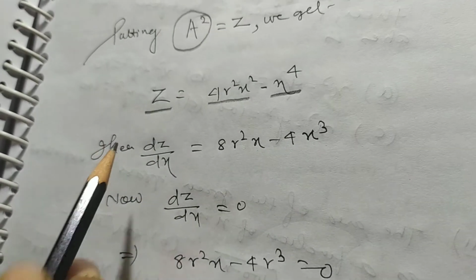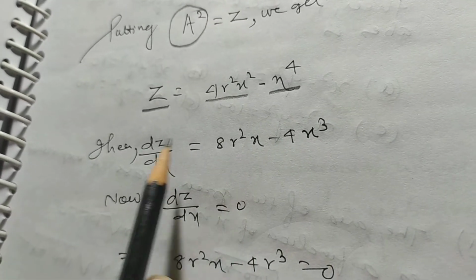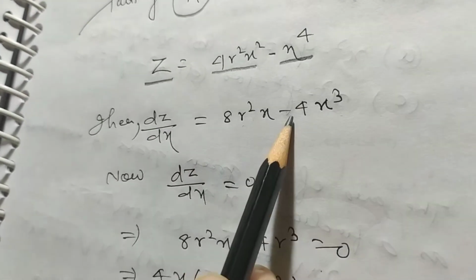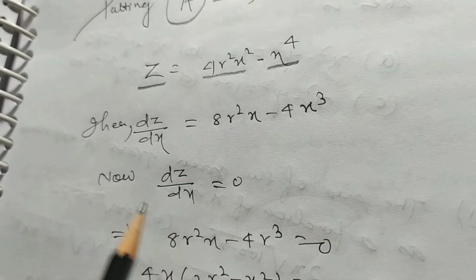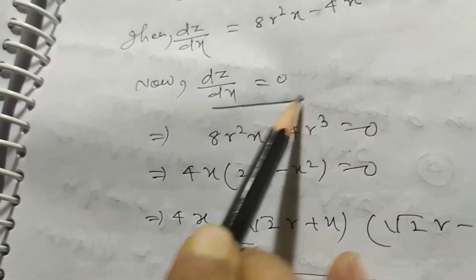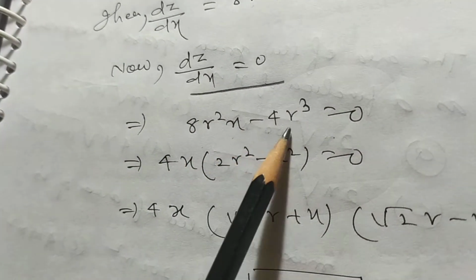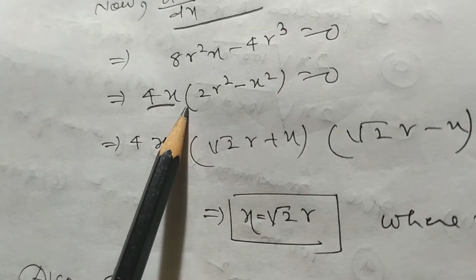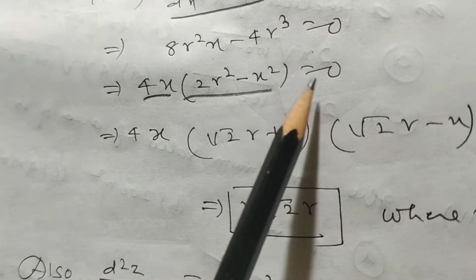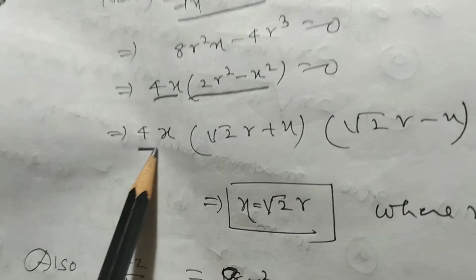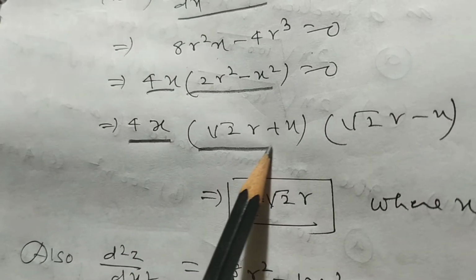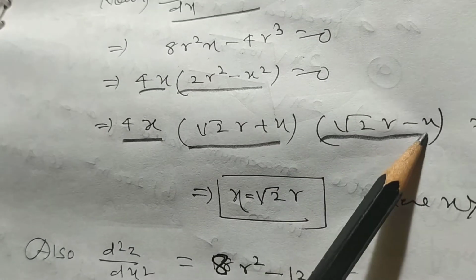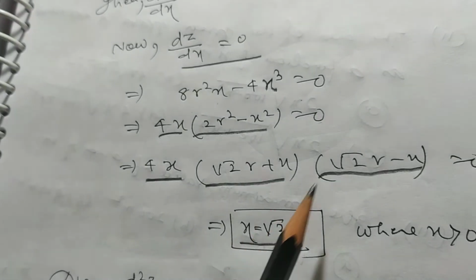Then dz by dx is equal to 8r square x minus 4x cube. Now dz by dx is equal to 0. 8r square x minus 4x cube is equal to 0. This implies 4x times the bracket 2r square minus x square is equal to 0. This implies 4x, root 2r plus x, root 2r minus x is equal to 0.